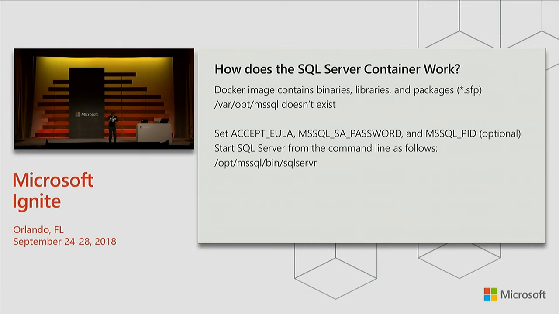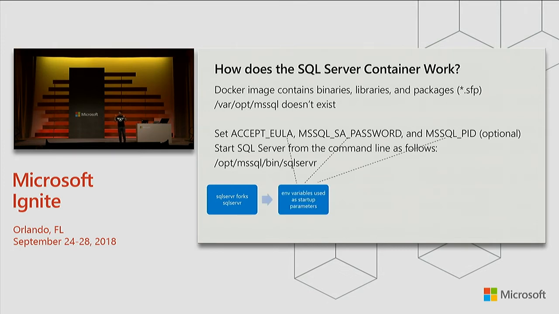Well, here's the magic. When SQL Server starts from the command line, if you set these environment variables, accept the EULA agreement, set up an SA password, and optionally tell us what edition of SQL Server, where developer is the default, then, if you just do the first two, as you'll see in the Docker run command in a second, SQL Server from the command line will accept those parameters on Linux, fork a new SQL Server process, which is the actual engine itself, and take the variables and turn them into startup parameters for the engine.